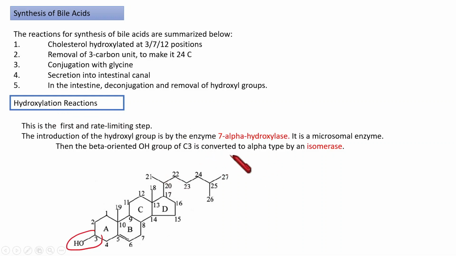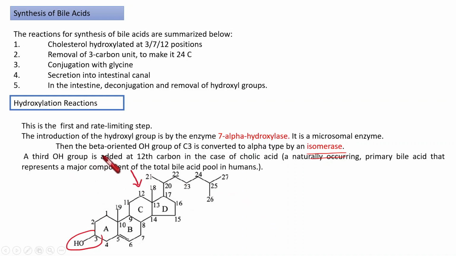And that conversion of the beta oriented OH group to alpha is done by an isomerase enzyme. So we need to note the names of two enzymes here. This is the main enzyme that is adding the OH group here, and isomerase is the other enzyme that is changing the beta orientation of this bond to an alpha orientation.